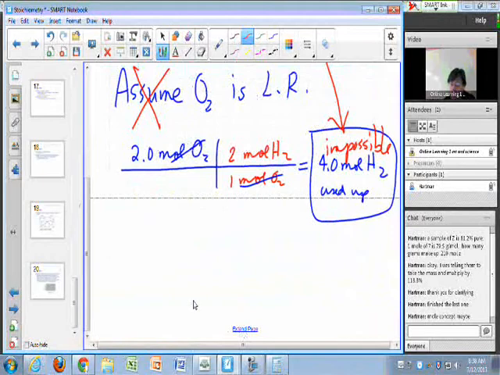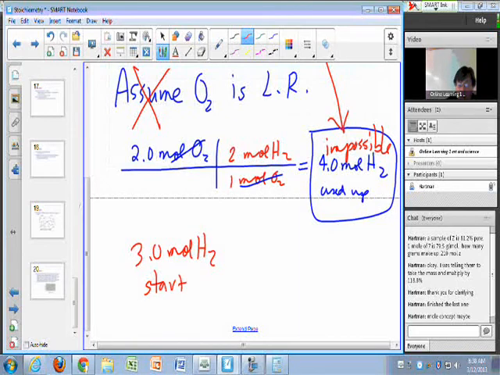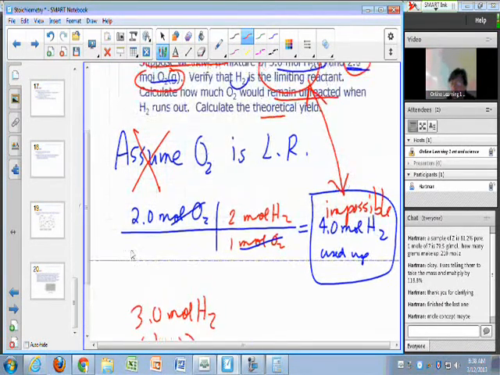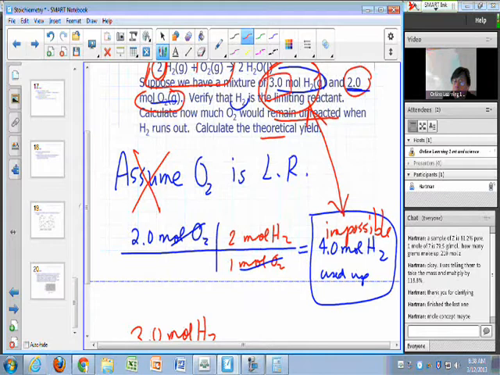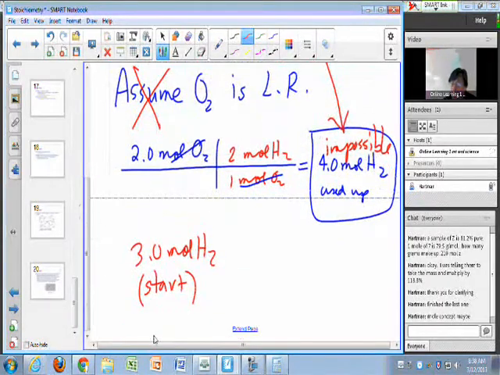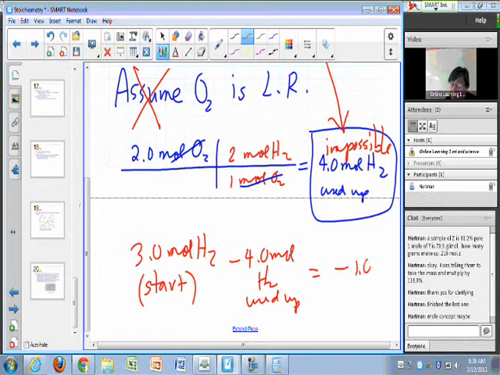Because then you'd say 3 moles of H2 to start with, right, in this example, 3 moles of H2 starting. You lose 4 moles of H2 if all the O2 were used up, you end up with a negative 1 mole of H2. You cannot have negative amounts of substances.